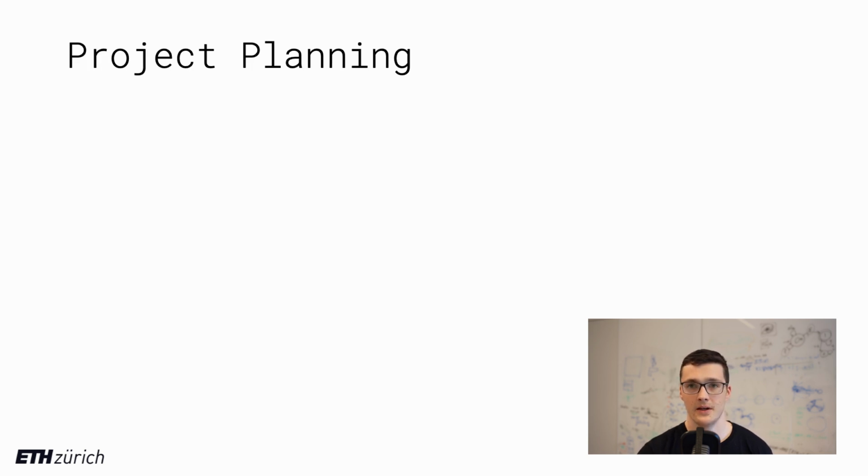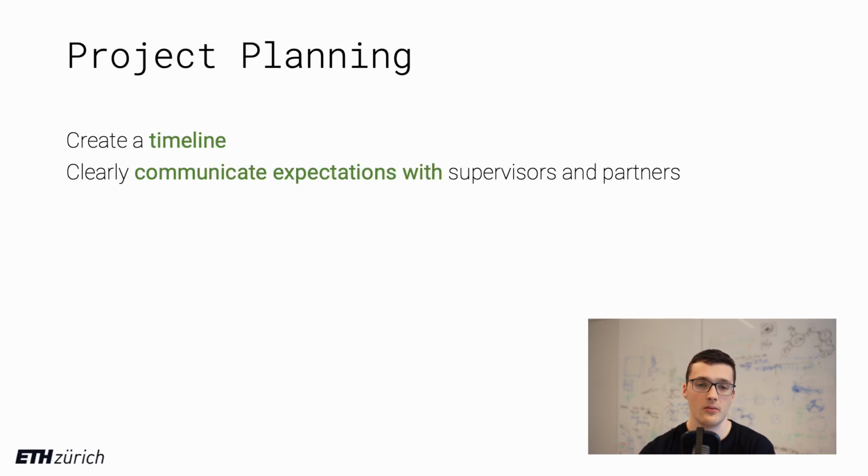At first, I would like to talk very quickly about organization aspects before we go into the technical details. At the start, there's the project planning aspect. When you start out with the project, you should create a timeline for yourself. Also, what is very important is communicating your expectations with your supervisors and your partners such that everyone in the project is aligned.